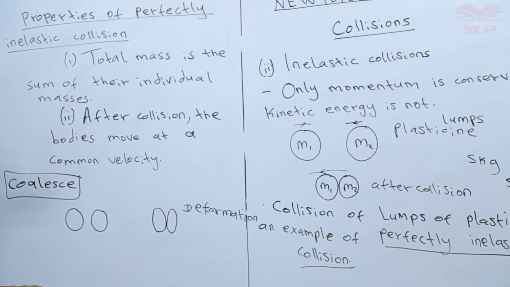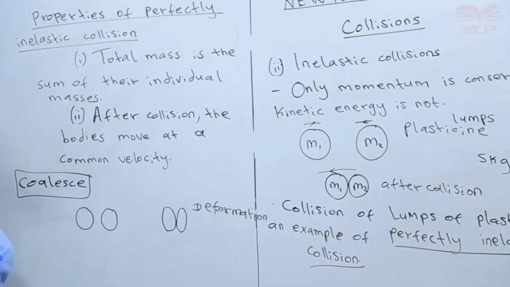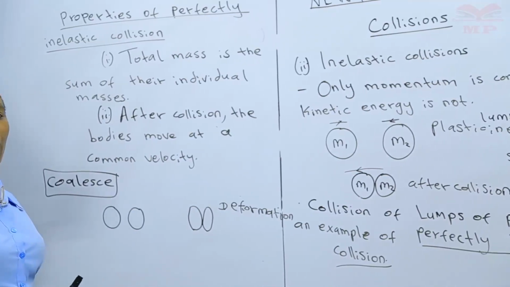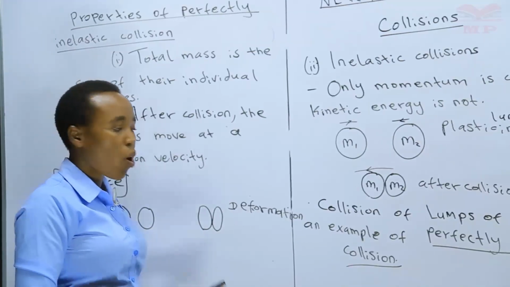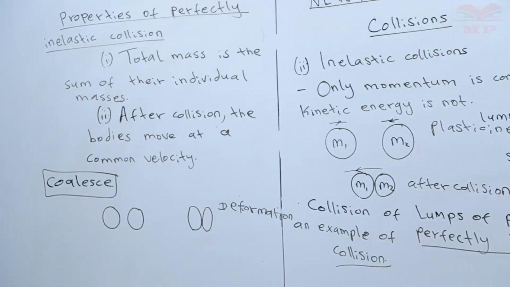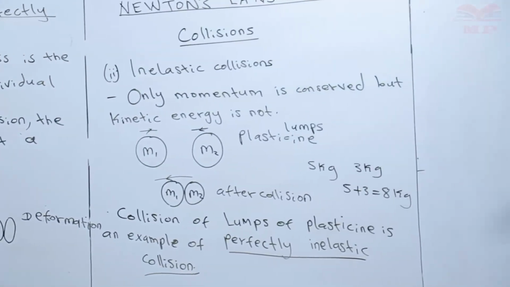Therefore, some energy may also be transformed to sound. Also there may be production of light, so some energy may be transformed to light. This is very examinable, where you are asked why the kinetic energy is not conserved.